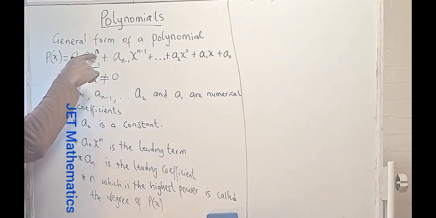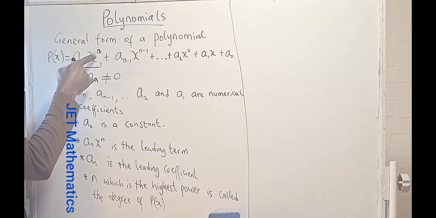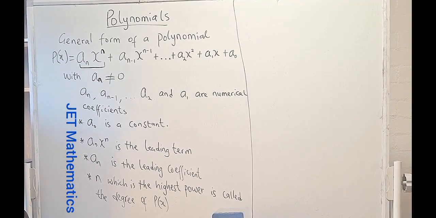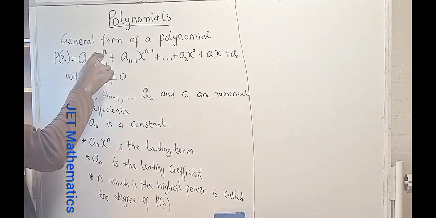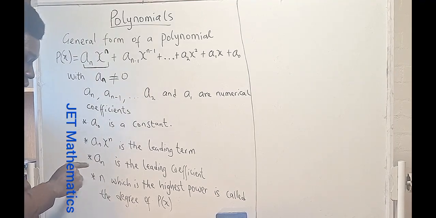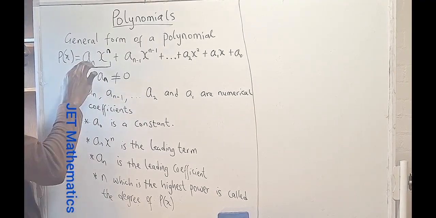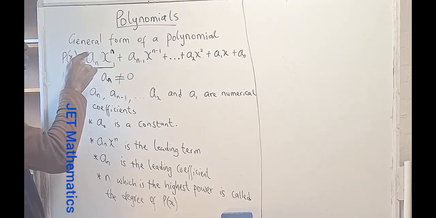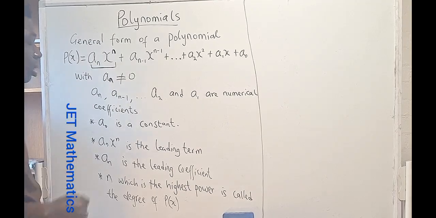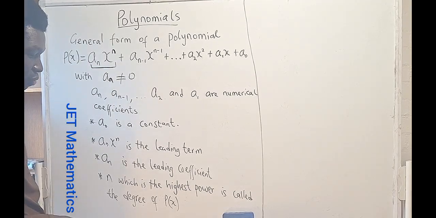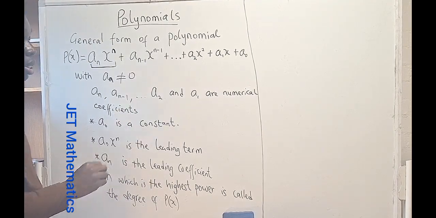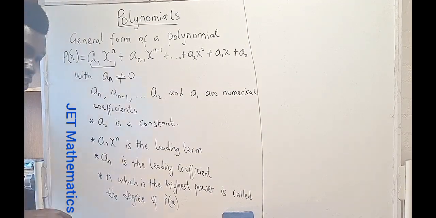Okay, so the degree of this polynomial is n, n being the highest power. And the term here is called the leading term, and this is called the leading coefficient. I think we'll stop here for a while and then see how we can apply this knowledge.